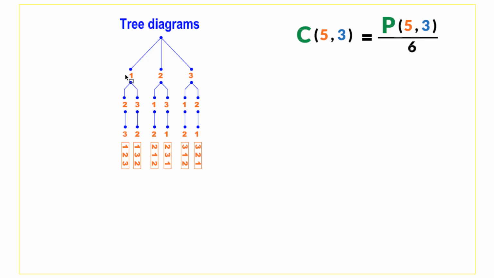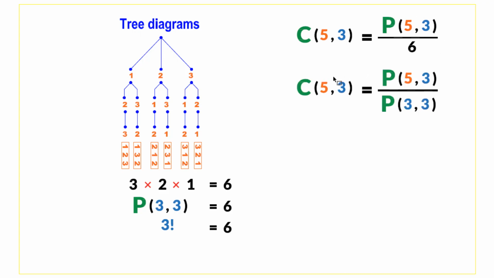So now we have permutation of 3 numbers taken 3 at a time, and that is 3 times 2 times 1, or permutation of 3 objects taken 3 at a time, and this permutation is equal to 3 factorial.